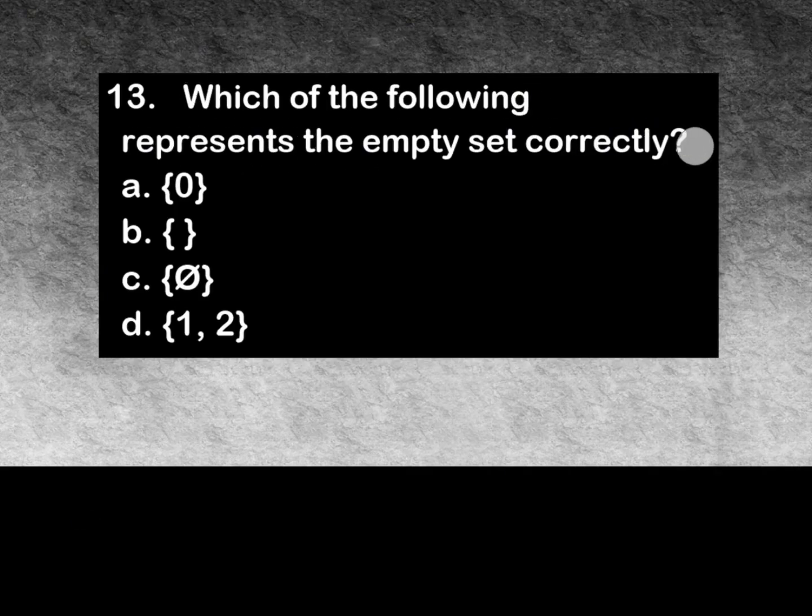For 13, which of the following represents the empty set correctly? This one, A, has an element which is 0. For letter D, we also have 1 and 2 as elements.